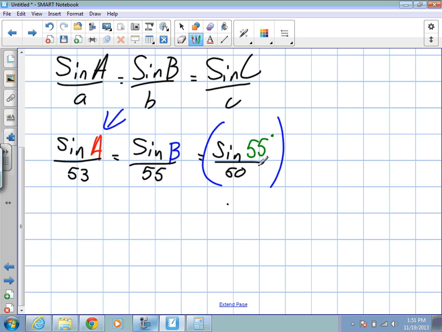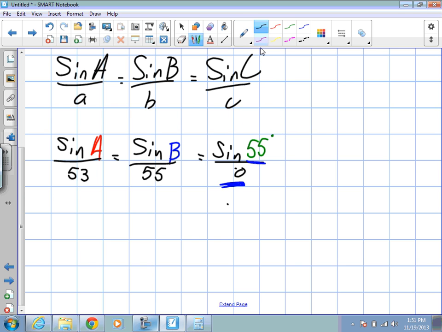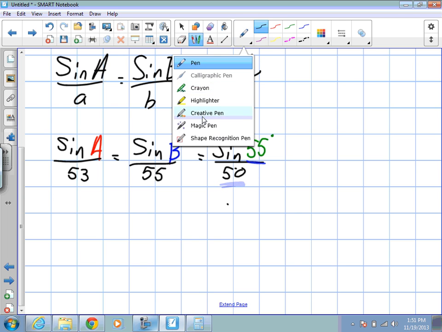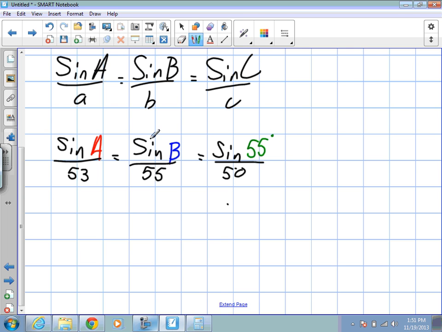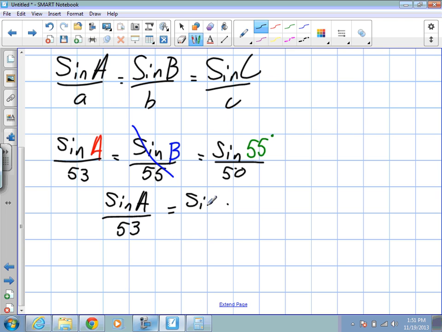That kind of looks like a 60, so I'm going to change that to be a 50. Right? Which means I'm going to set equivalent ratios equal to each other, so I can drop this part. I don't need to solve for B right now, because our goal is to solve for A. So I'm going to drop this off, and it's going to be sine A over 53 is equal to sine 55 over 50. The goal here is to get sine A by itself, or specifically A.